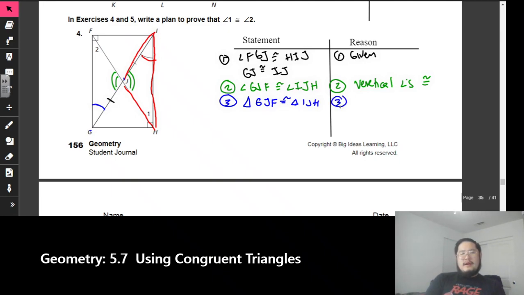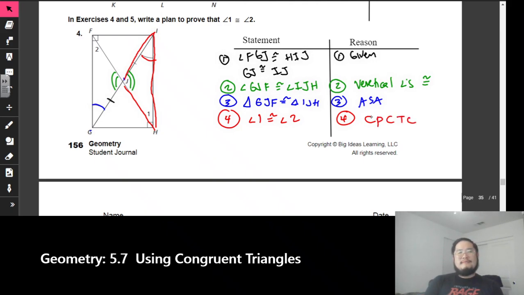And I see right there angle, included side, and an angle. Now that I have two triangles right here to be congruent, I can go ahead and say right here in statement number 4 that angle 1 is definitely congruent to angle 2 now because of CPCTC. And there you go.